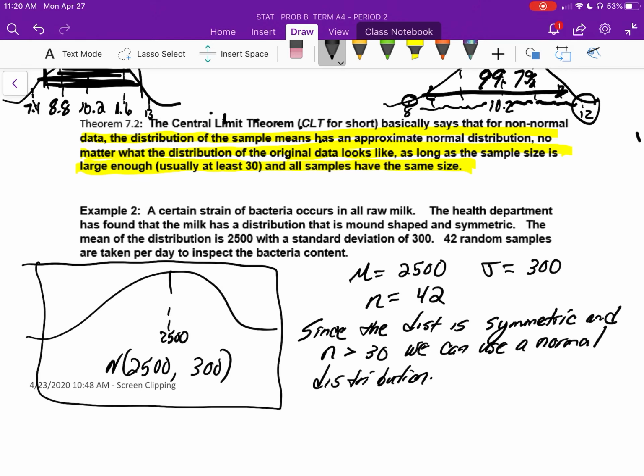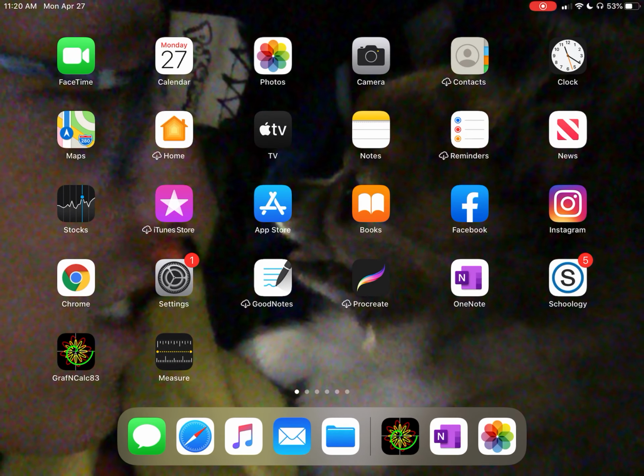If the sample was 42, we'd have to look at our new sample standard deviation, which is going to be equal to 300 divided by the square root of 42. Since we're using a normal distribution, we're going to have to change it to 300 divided by the square root of 42.